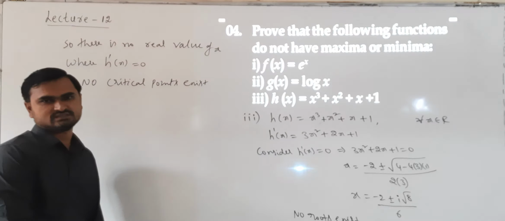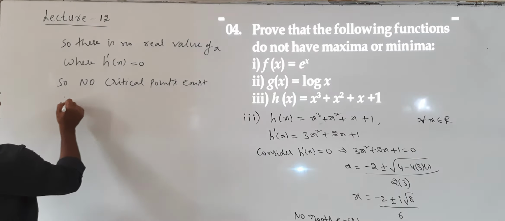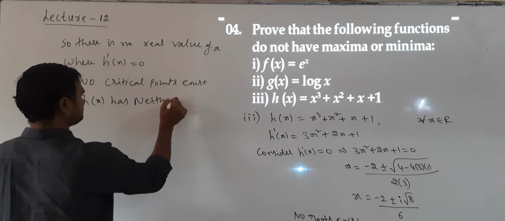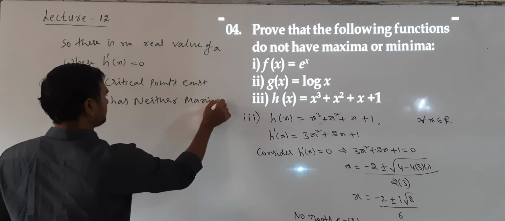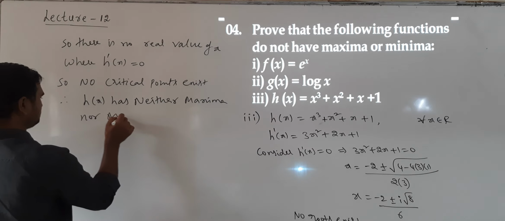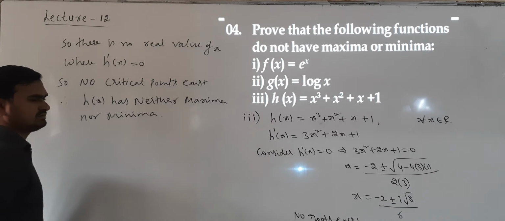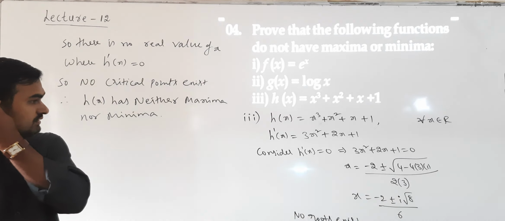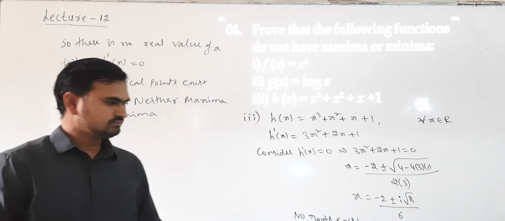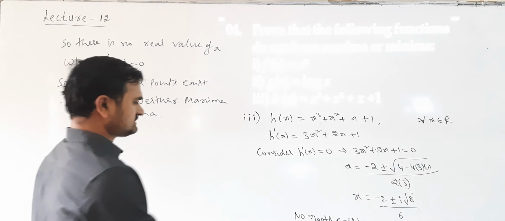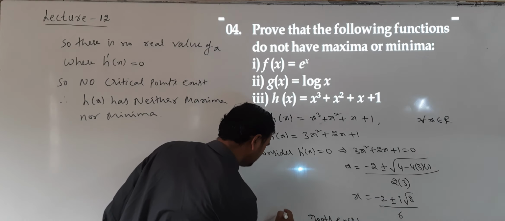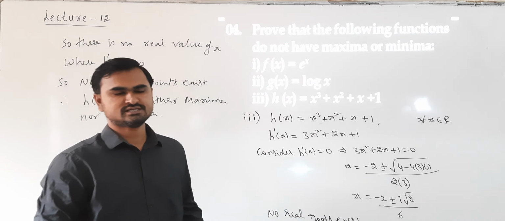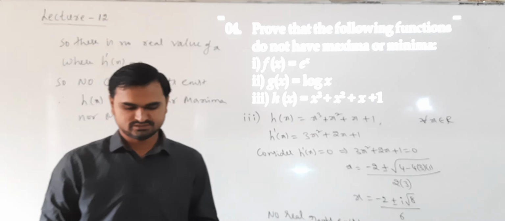So again, no critical points means neither maxima nor minima exist. Therefore, h of x has neither maximum nor minimum. Okay, so this function also has neither maximum nor minimum. Okay, so no roots means here no real roots exist. Roots are existing, but they are imaginary. So no real roots exist. Okay.